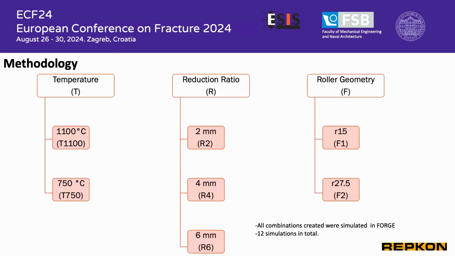And for the methodology, we have 2 different temperatures, 3 different reduction ratios, and 2 different roller geometries to see the effect of the parameters. All of them make 12 different combinations, of course, and they were simulated in the Forge environment, and then we got the results.